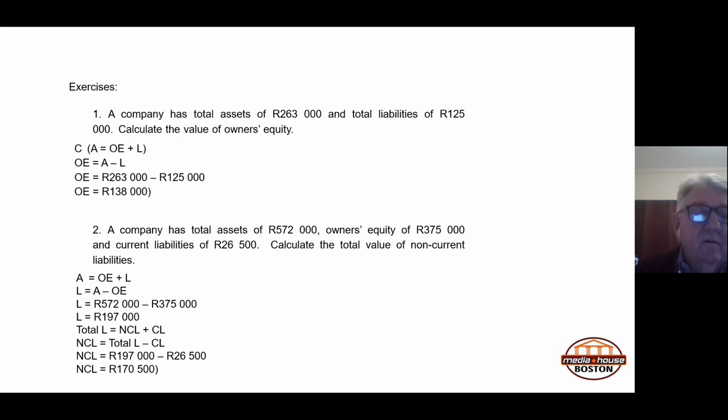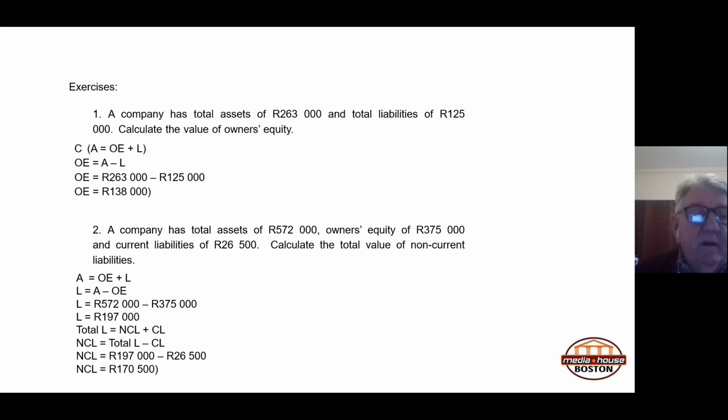Okay. So we know that assets is 572,000. That's the 572. Owner's equity of 375. Okay, which means the liabilities must be equal to 197,000. Okay, so the liabilities are made of non-current liabilities plus current liabilities.